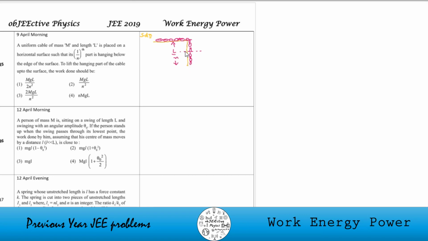Now the question is, when this hanging part, so let us take here weight of the hanging part is equal to M by n if total mass is taken as capital M.